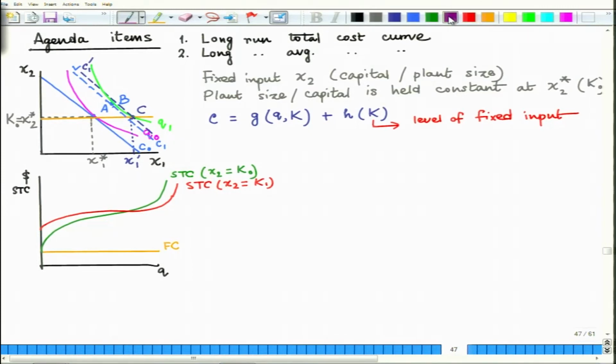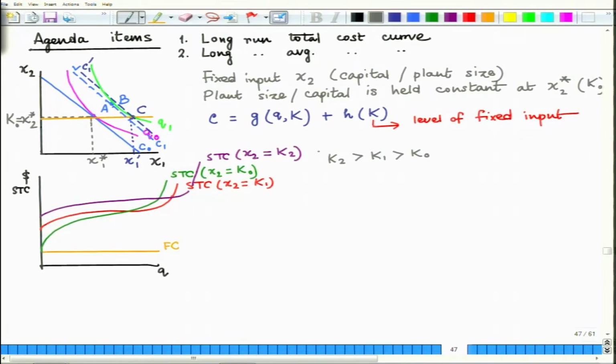Now we draw the third plant size which is even higher, something like this, and this is STC. So here the fixed input, plant size, takes value K2. Let me write down the assumption that K2 plant size is greater than K1 plant size, and that is greater than the K0 plant size.